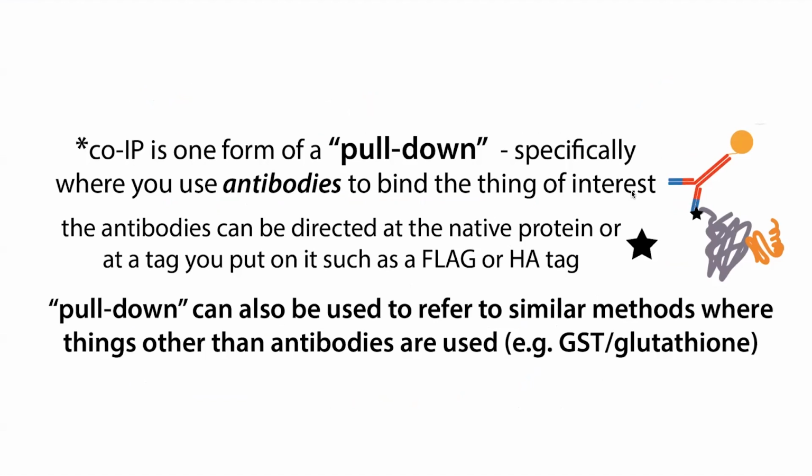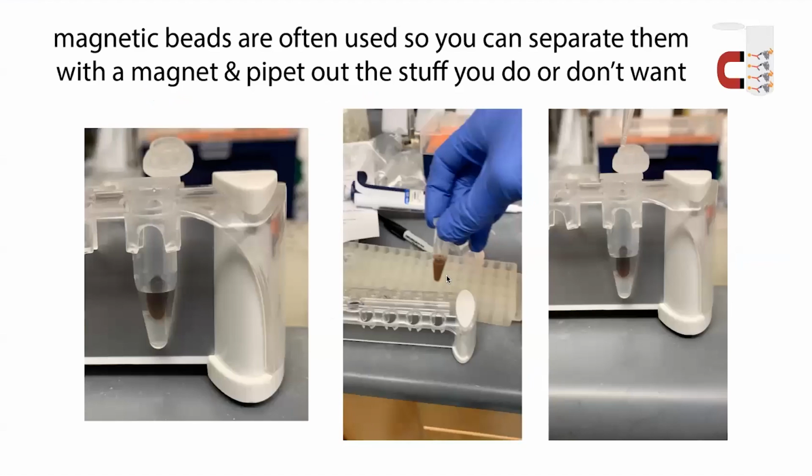Typically, you mix your sample with the beads. You either centrifuge them if you're not using magnetic beads, or if you're using magnetic beads, you stick the tube against a rack. Your bait protein bound to the beads, and whatever the bait was bound to, is going to get pulled to the side of the tube, or to the bottom of the tube if you're centrifuging.